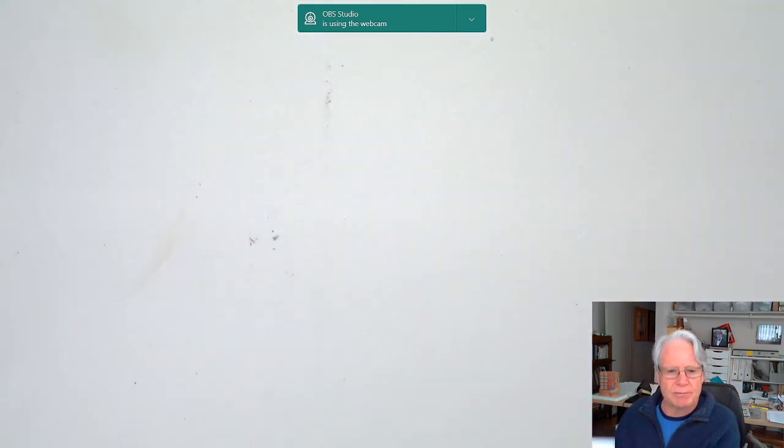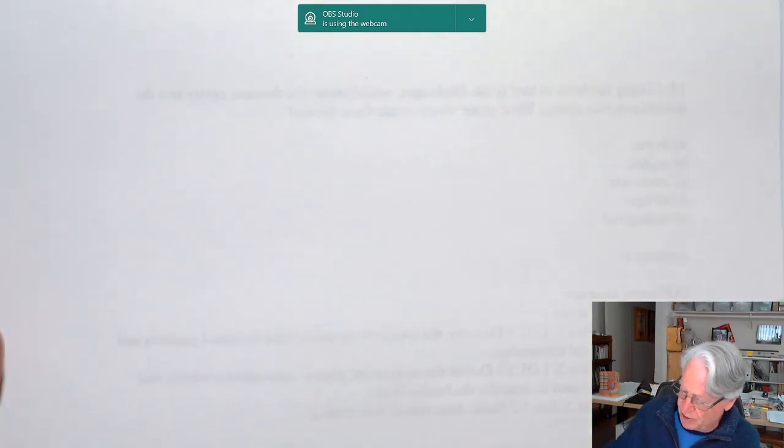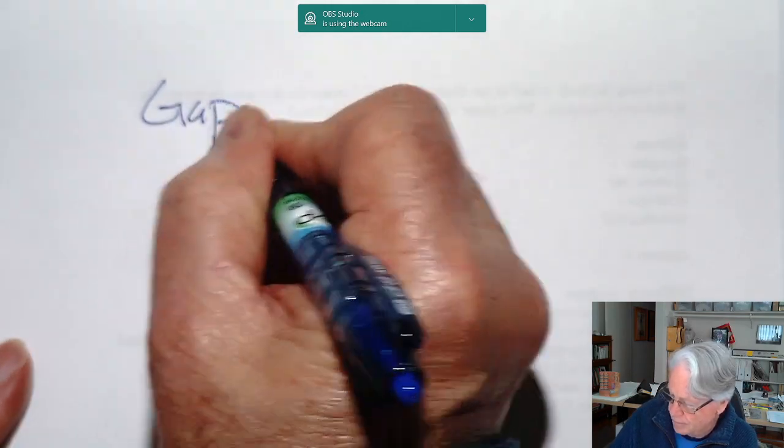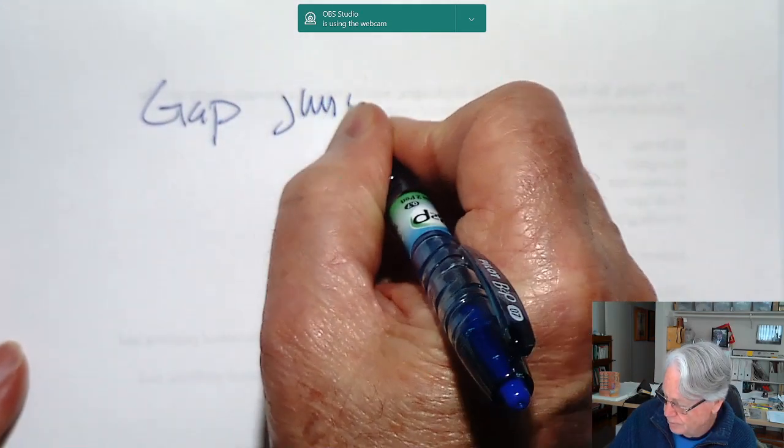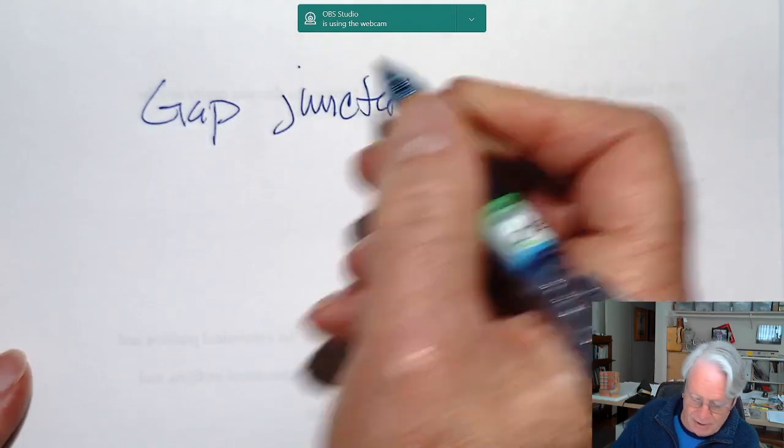We have one more, and that's going to be the gap junction. Okay.